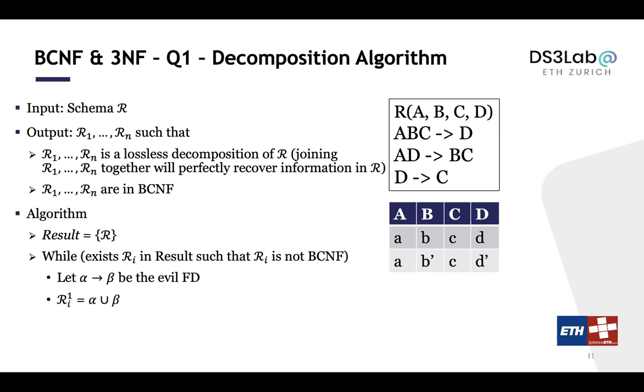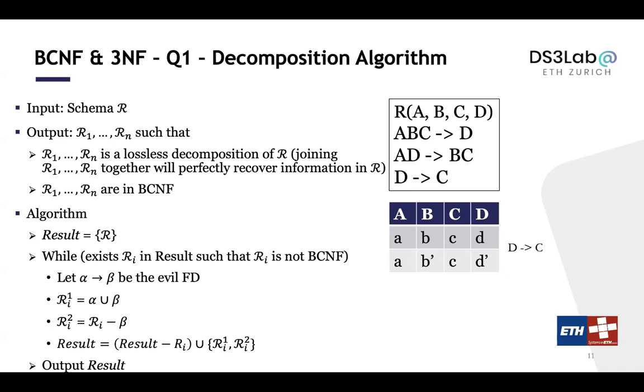So you find that evil functional dependency, and you decompose Ri into two relations. One contains all the attributes in alpha and beta, and the second contains all the attributes except those in beta. Then you replace Ri with these two smaller relations in your result set. You continue to do this until all the relations in your result set are in BCNF, then you return.